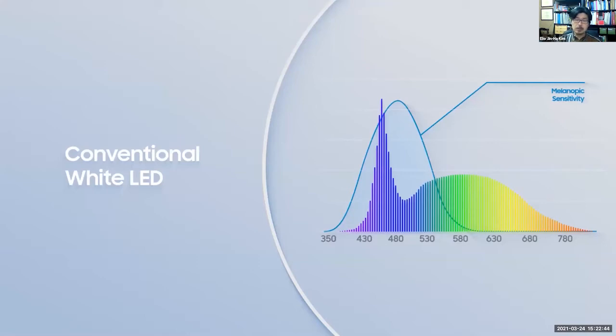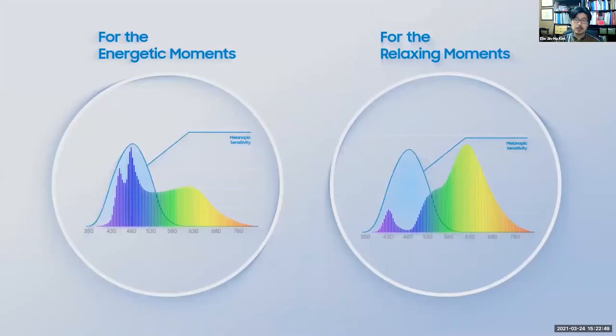So this is what I explained a moment ago. So you see the melanopic sensitivity curve, and there was a trough for normal conventional white lighting. And for the energetic moments, we love to use the lighting spectrum on your left-hand side, that we increase the cyan portion to boost up the melanopic suppression effects by delivering this light signal to your circadian control system, which is located in your brain, actually.